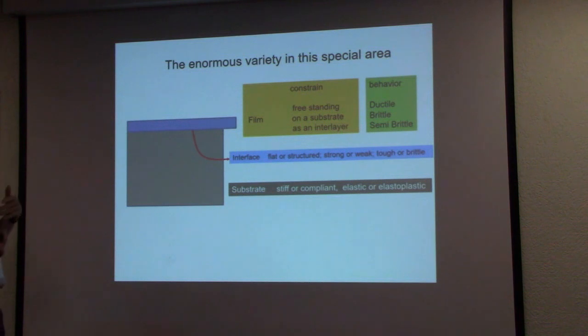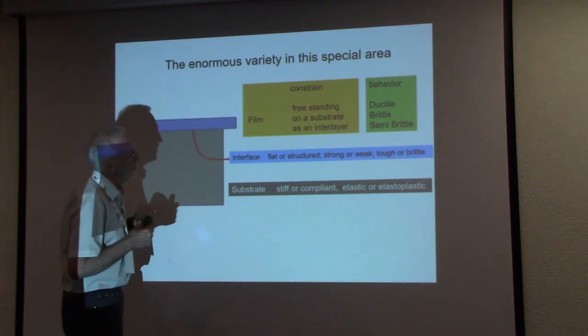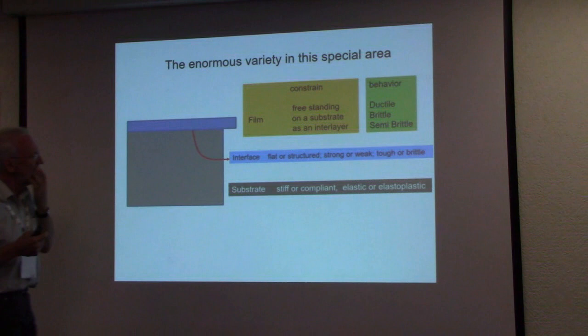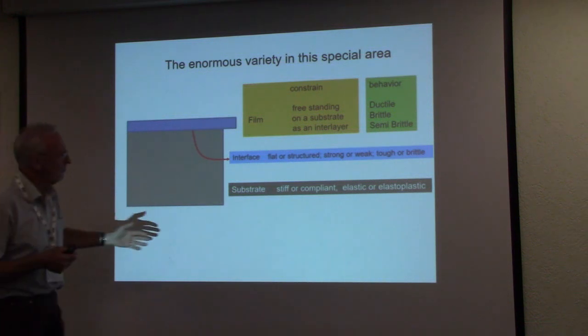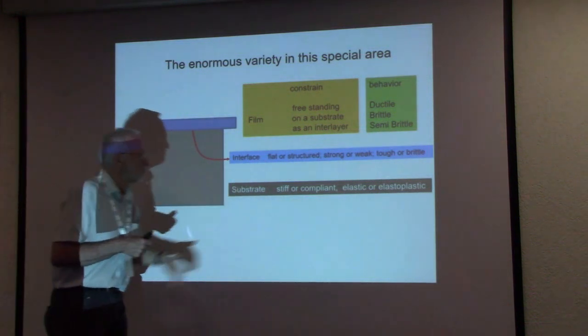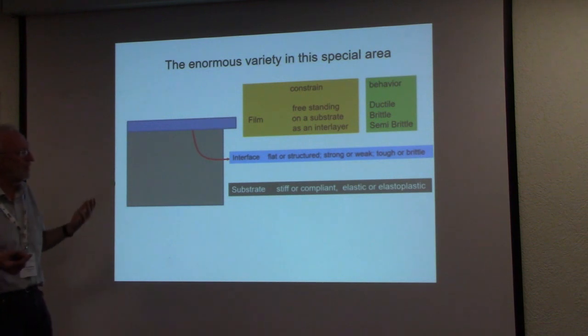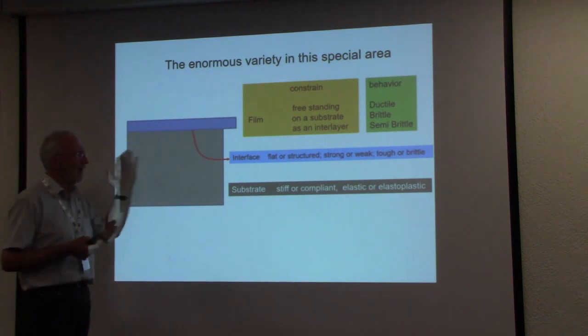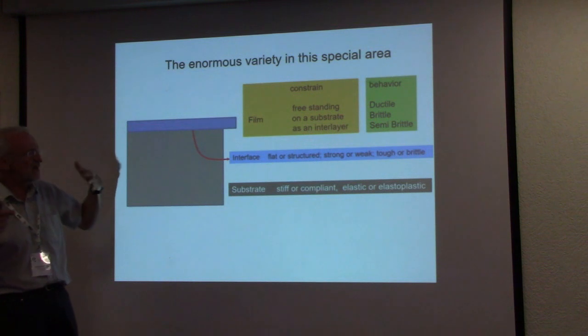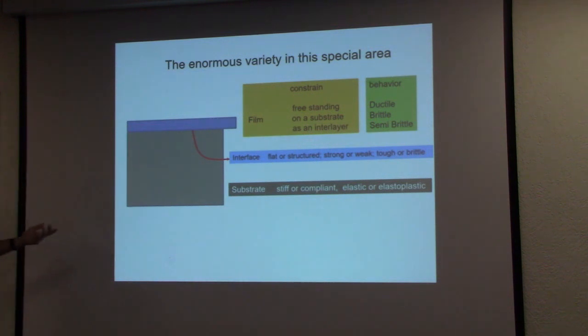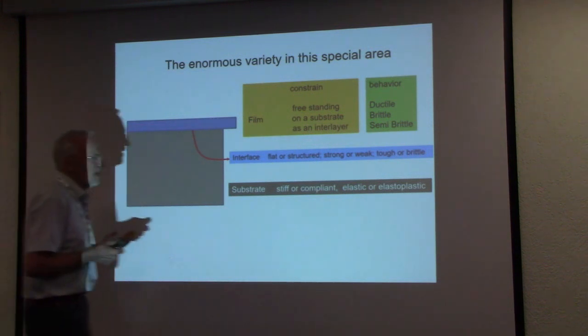The metals usually are ductile, but not always. Then we have our substrate, and our substrate can be stiff, compliant, it can be elastic, linear elastic, non-linear elastic, or it can be elastoplastic.